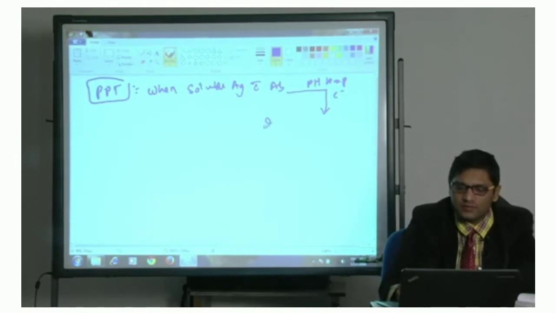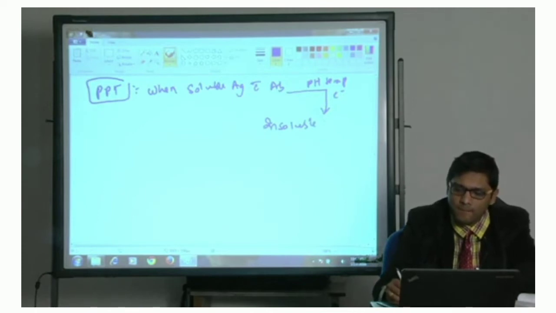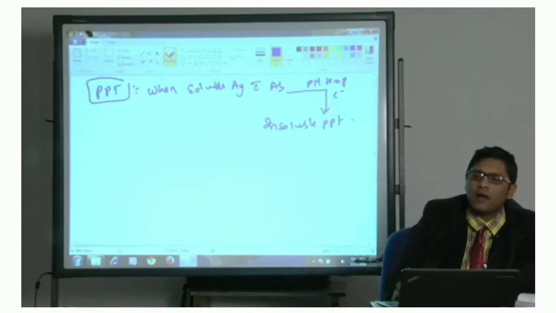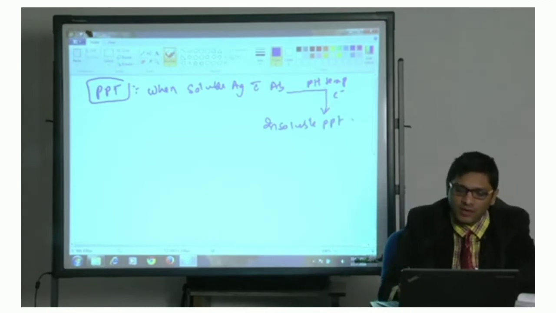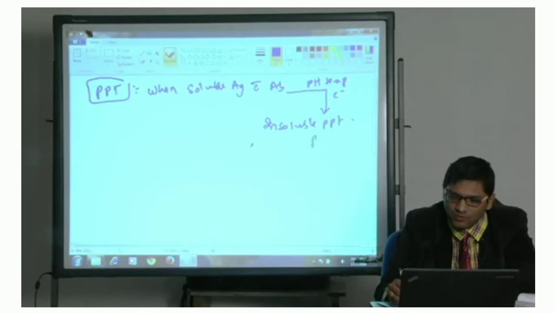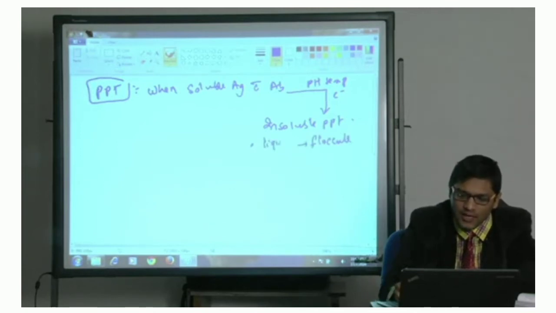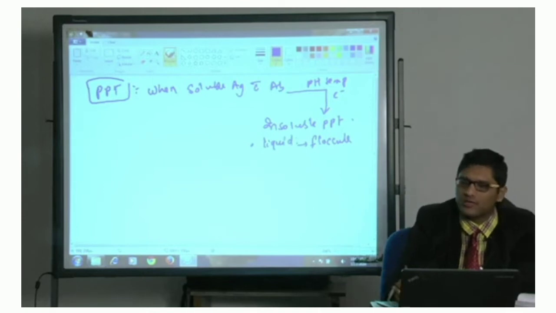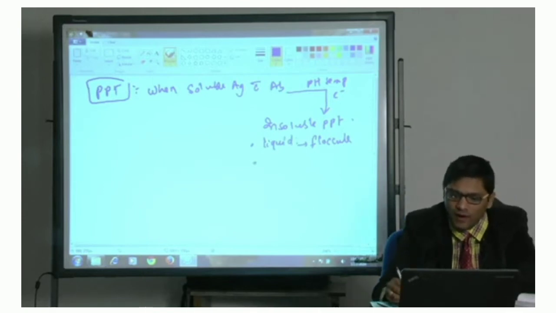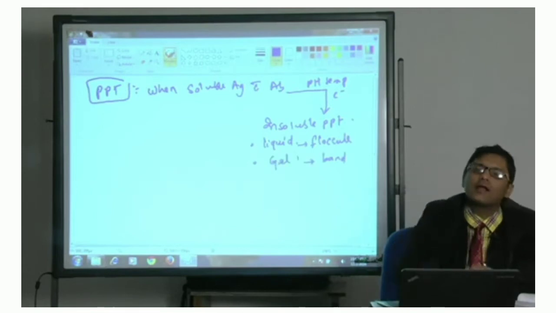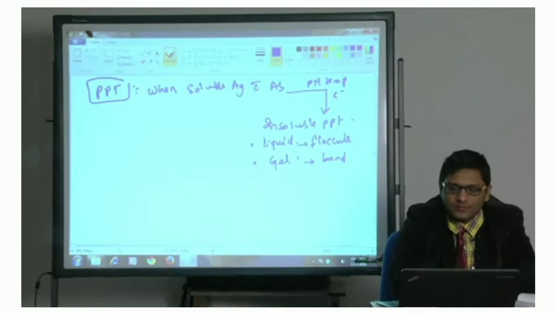It forms an insoluble precipitate, which is formed in the form of flocules if you use a liquid medium. If the medium is liquid, then flocules are formed. In the form of a band it will be produced if you use a gel-containing medium. This is the definition of precipitation reaction.